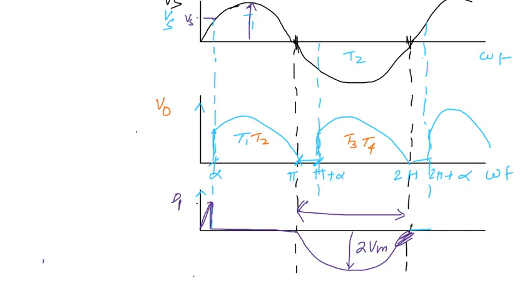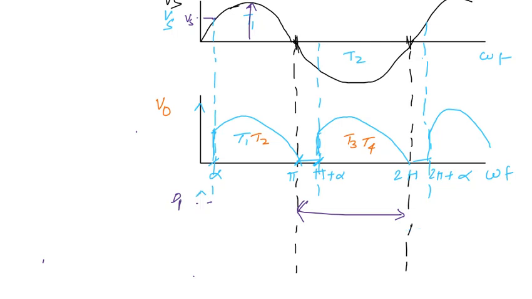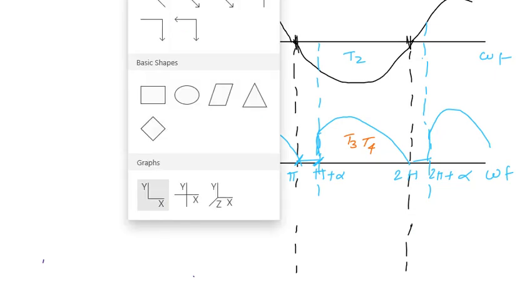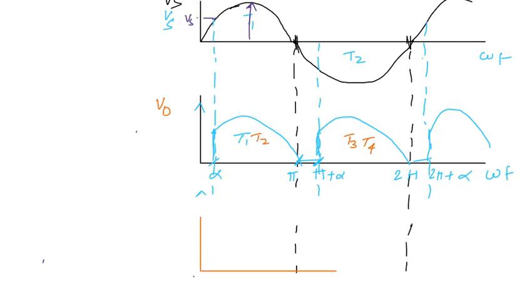Now the shape of your current waveform, as you know this is the same circuit, so the shape will be like this only.